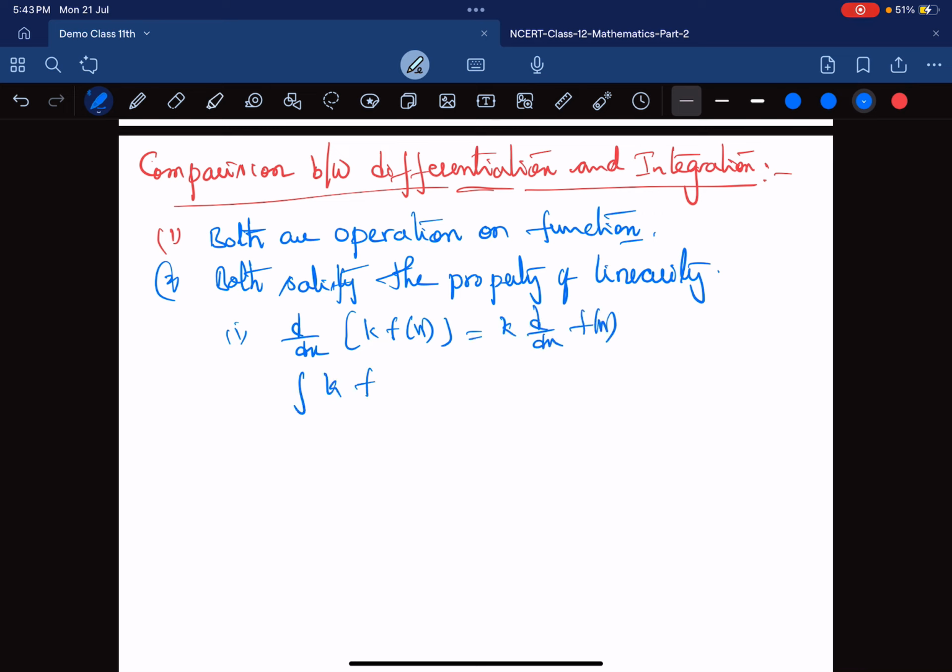The integration of k into f of x dx is equal to k times the integration of f of x dx, similarly, where k is a constant.